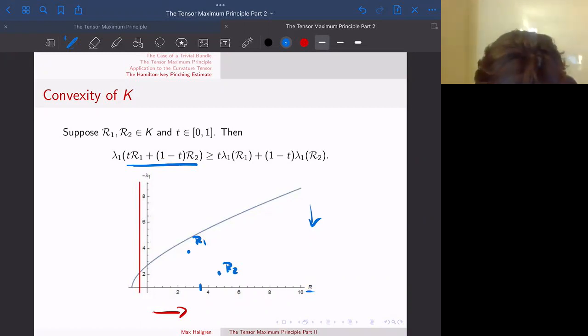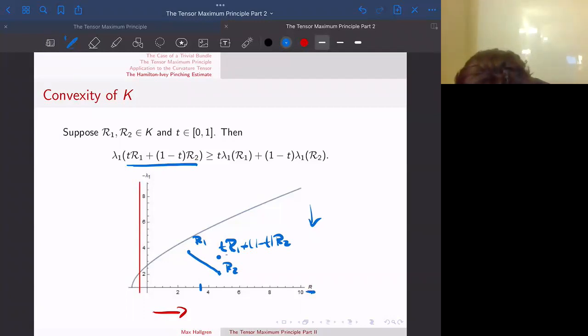So minus lambda 1 is convex. So that means that lambda 1 is going to lie somewhere above here. So we have this line, and then the point corresponding to tR1 plus (1 minus t)R2 lies above this line in the R direction.